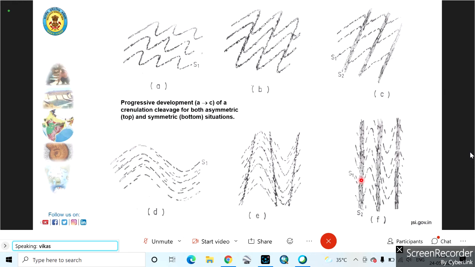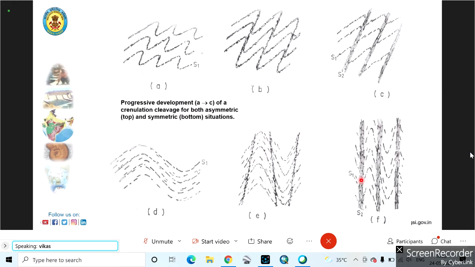That is why one suggestion I always give everyone is that when you go to the field, and if you are very sure that some deformation happened, always try to look with a lens in the field, or break the sample and see very carefully whether you are able to see any fold closures there. Like in this figure, you are seeing some fold closures or hinge zones.